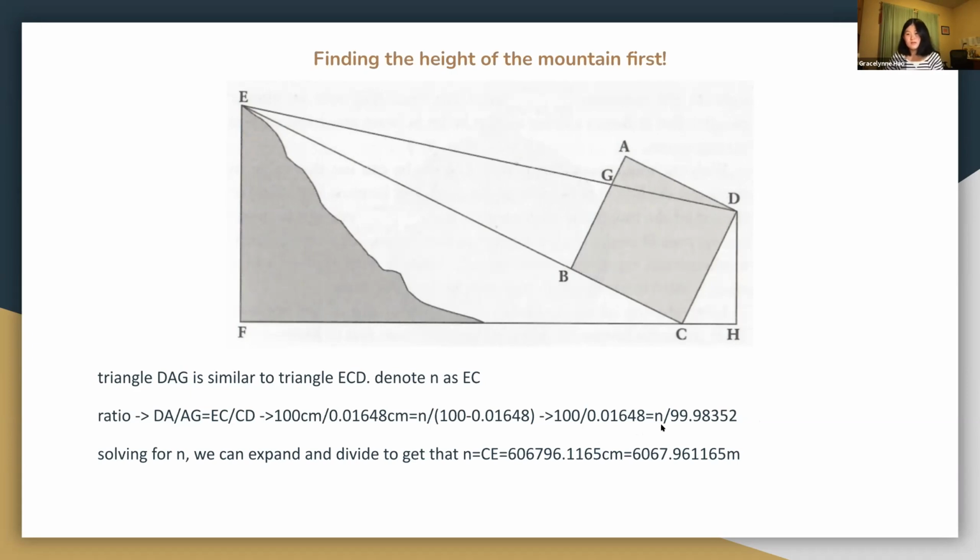And then it's quite clear how we can solve for n in this case. We can expand and then divide to get that n is equal to CE, which is then equal to this, which I won't say in centimeters just because it's a bit long, but 6,067.961165 meters, which he found to be EC. Clearly this isn't what he actually set out to find, because he wants to find EF. So then we move on to our second pair of similar triangles.